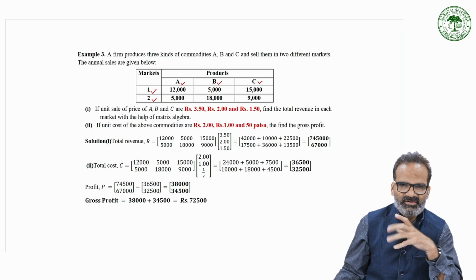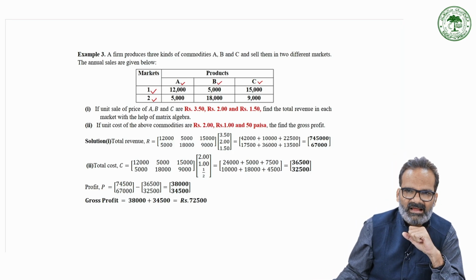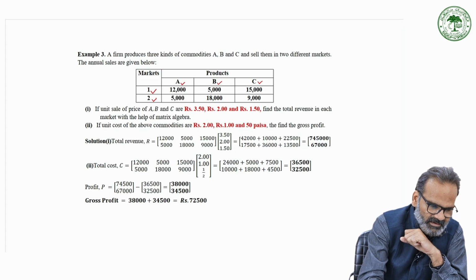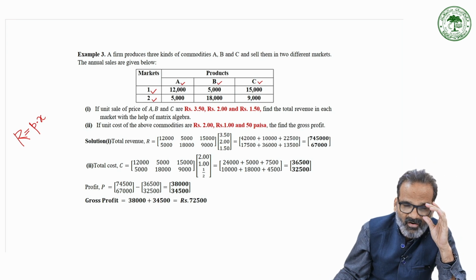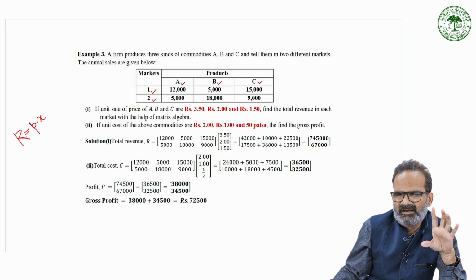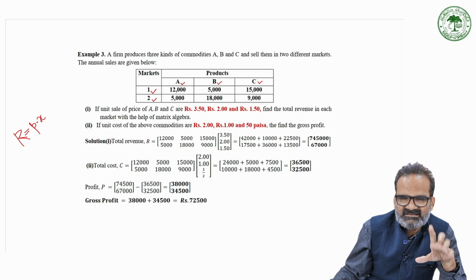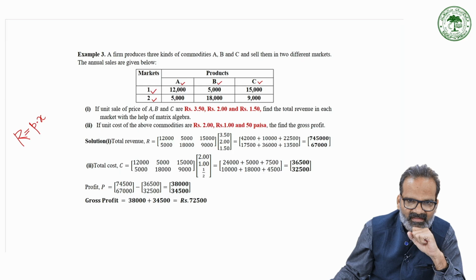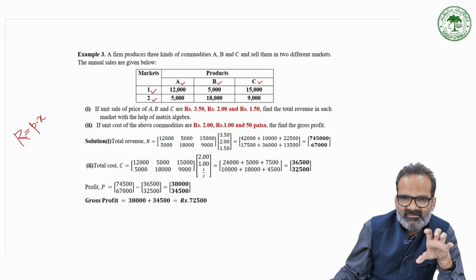So let us see, we know how we calculate revenue. You know, revenue is simply given as price multiplied by X. P is the price of the commodity per unit, be careful, and X the number of commodities sold in the market, because revenue is being generated by selling the product, not by the production of the commodities, right? So here A, B, C, 12,000, 5,000, 15,000, then 5,000, 18,000 and 9,000.